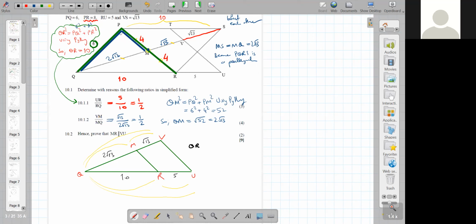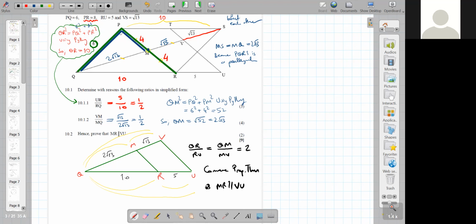Let's say QR over RU is equal to QM over MV. They both equal 2. And because of the converse proportion theorem condition, we can say the lines are parallel. That's all. MR is parallel to VU.